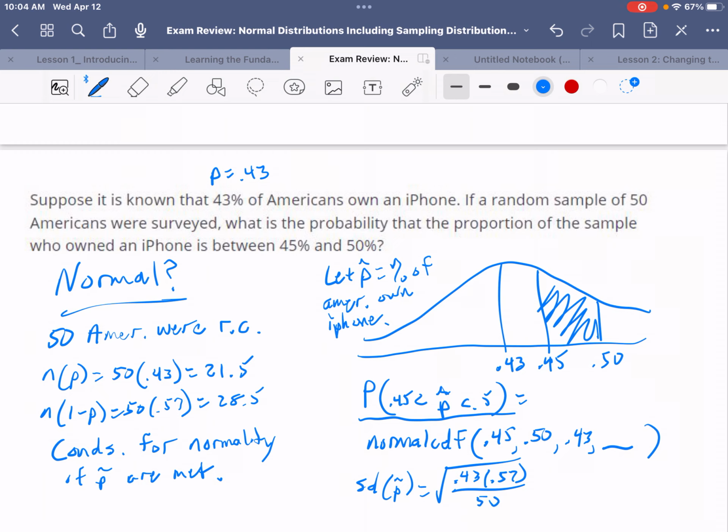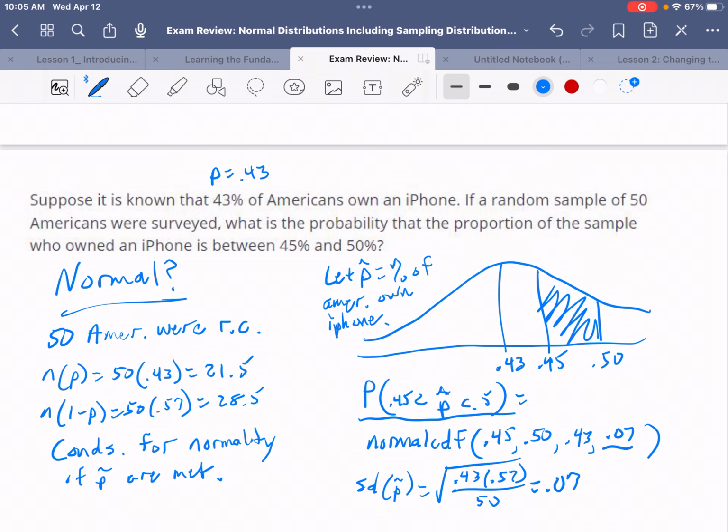So 0.43 times 0.57 divided by 50. Don't forget to take the square root of that. And I get 0.07.